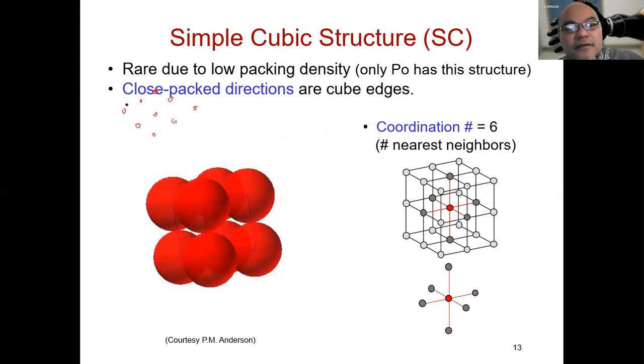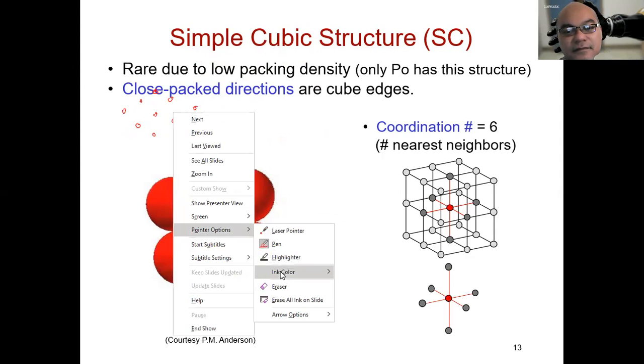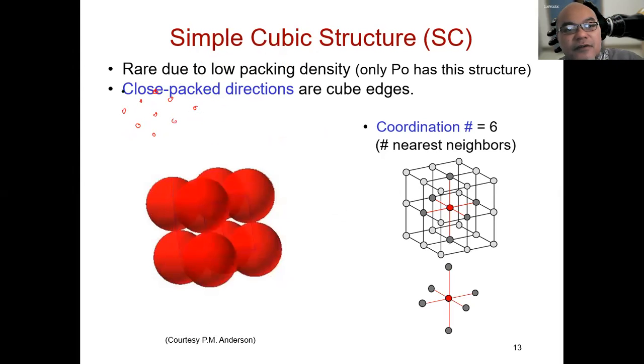Let's draw the next layer with a different color, the upper part. Imagine it in 3 dimensions. The second layer will be located exactly above the first layer of atoms.